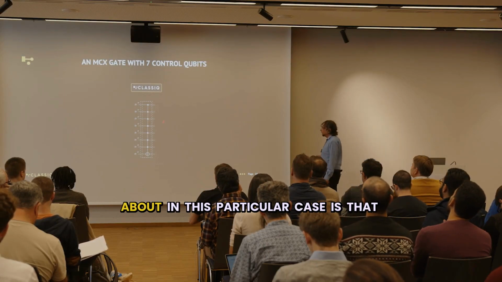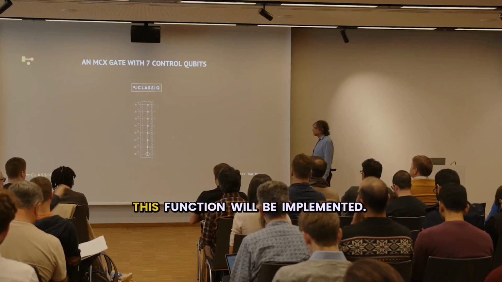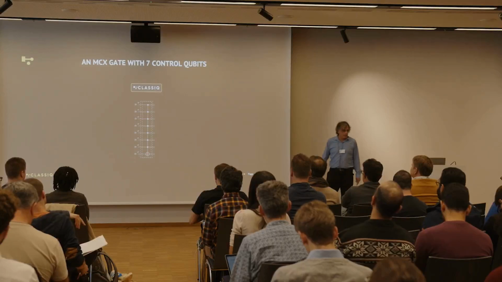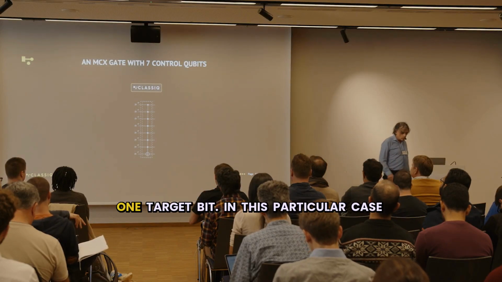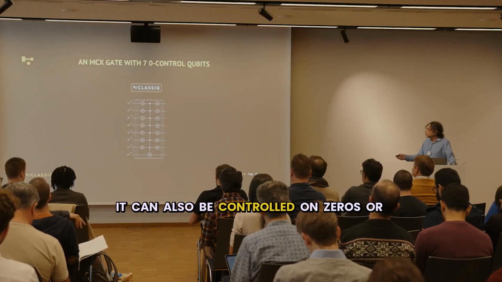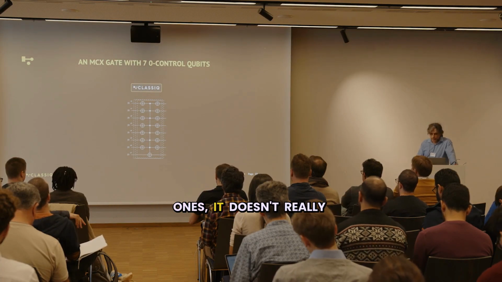What the user cares about in this particular case is that this function will be implemented. It has 6 control bits and one target bit in this particular case. It can also be controlled on zeros or ones, it doesn't really matter.